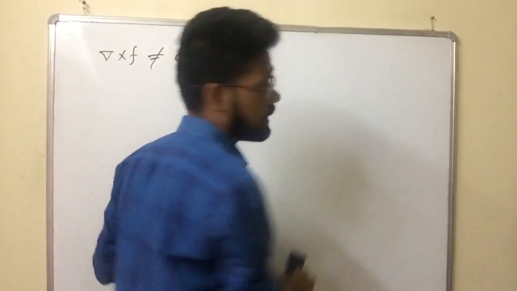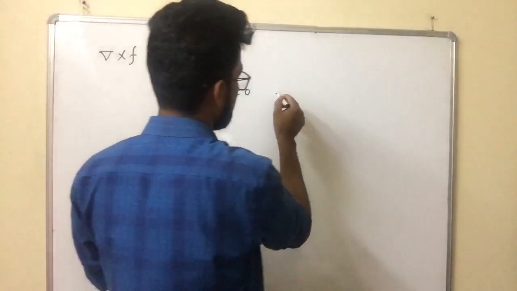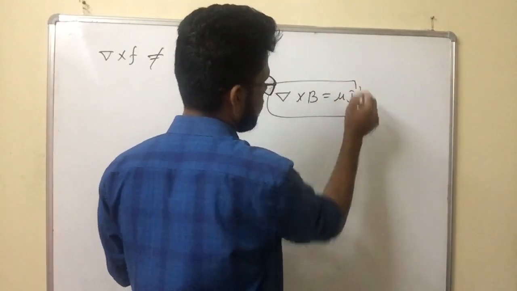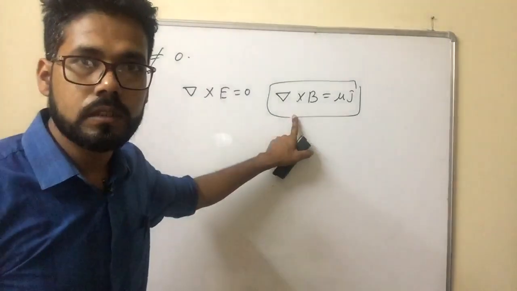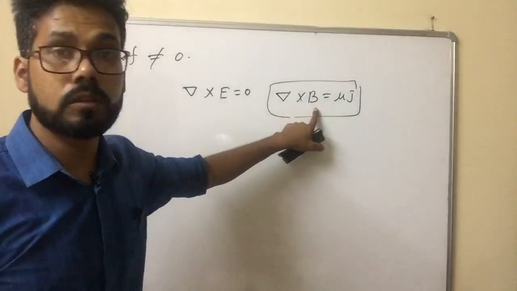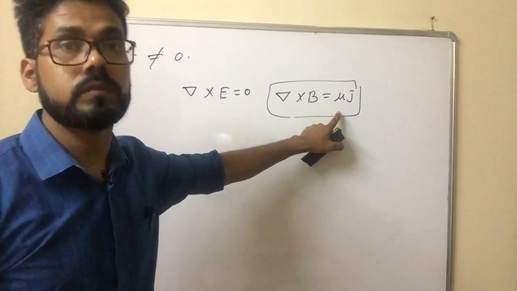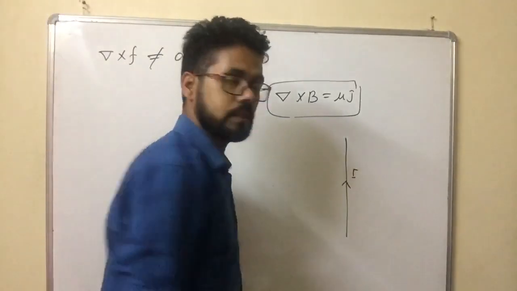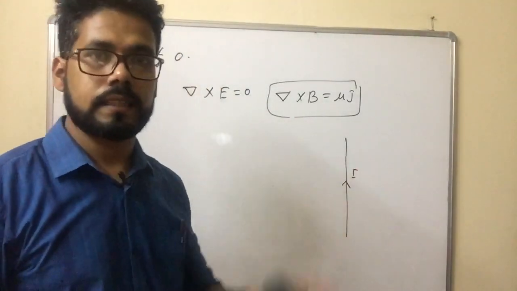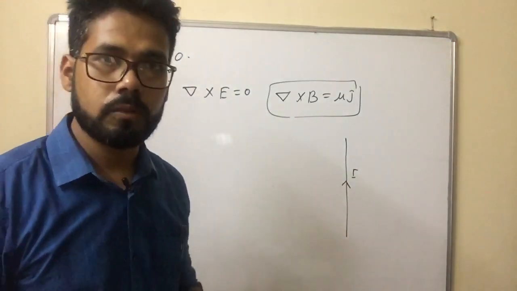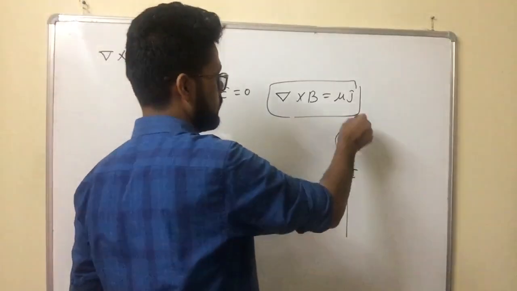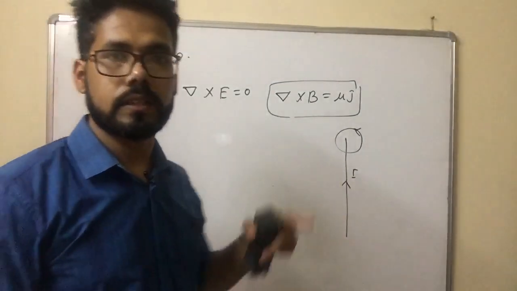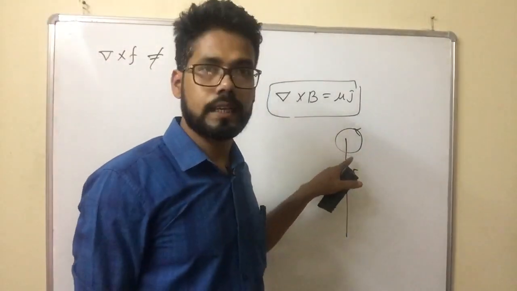But whenever we encounter magnetostatics, you have seen the equation curl of B equals mu J. This is Ampere's law. Why is it not 0? This is a rotation of the magnetic field. Because if we consider a conductor carrying a current I, the magnetic field will be circular, having its center on the axis of the conductor.